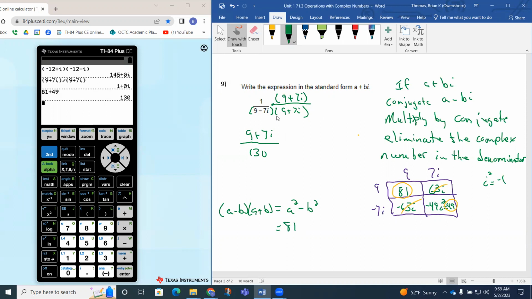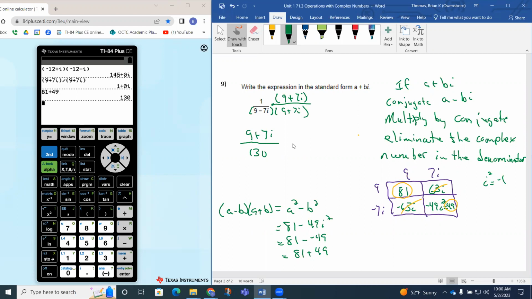And 7i times 7i is going to be 49i squared. But remember, there's a subtraction sign between them. So that's going to be 81 minus, and then 49 times negative 1 is going to be a negative 49. But notice that that's the same thing as 81 plus 49, which does give me this 130. So you also can use the difference of squares concept as well in that problem.